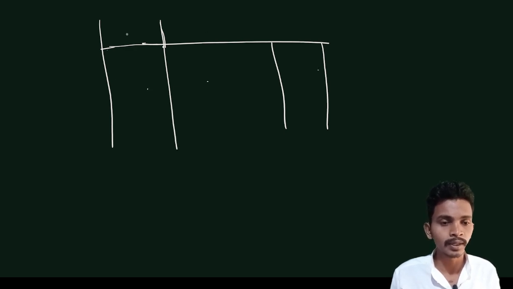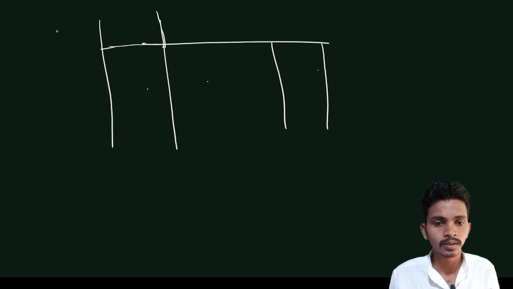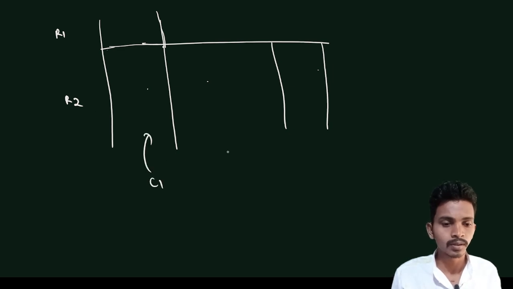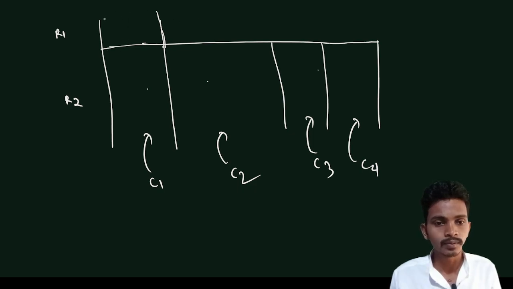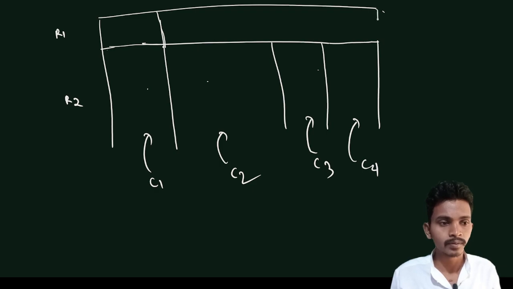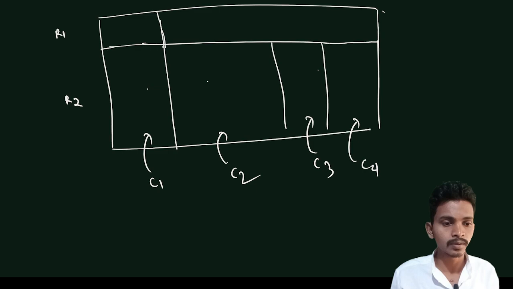So four columns and two rows. This is row 1, this is row 2. It has the point group table; character tables look something like this, two rows and four columns.